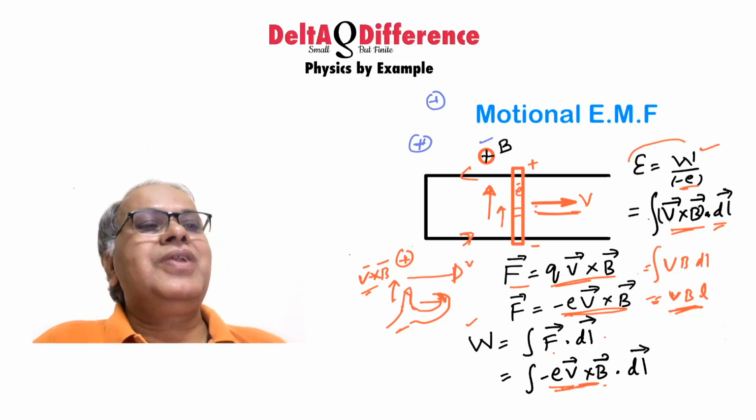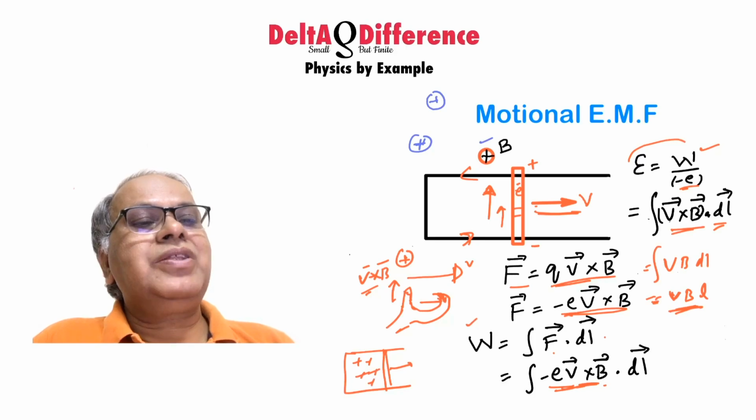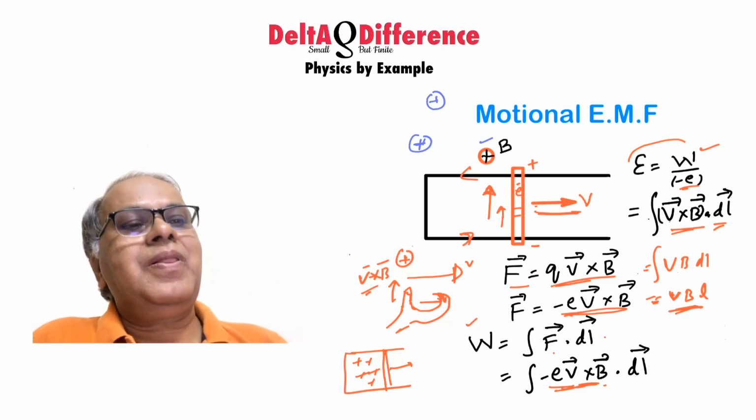Look, it was convenient to say that when a rod is moving like this, the flux is changing. If the B is into the plane like this, flux is changing. What if this is not connected? Even then EMF will be induced. Try to understand. So saying that motional EMF is connected to flux doesn't seem to be very nice, actually speaking.